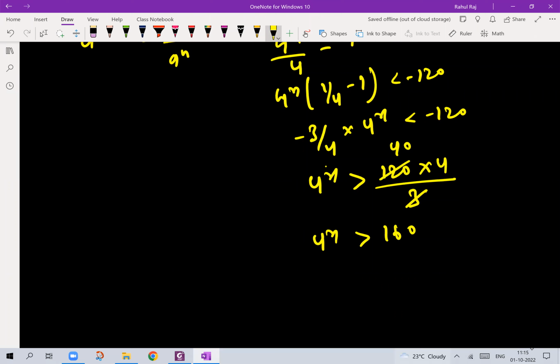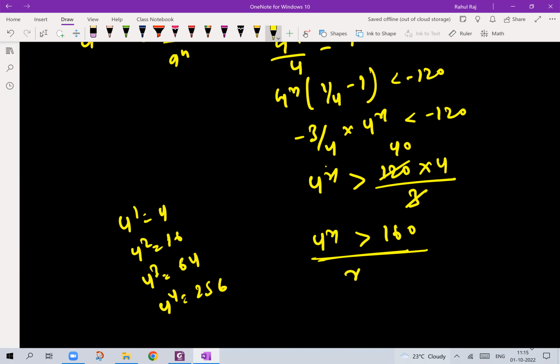Now, when is this condition possible? 4 to the power 1 is 4, 4 to the power 2 is 16, 4 to the power 3 is 64, 4 to the power 4 is 256. Now, for this condition to hold, x should be greater than 3. If x is less than 3 or x is equal to 3, it is not greater than 160. So I have got 4 to the power x greater than 160. This is only possible when x is greater than 3.